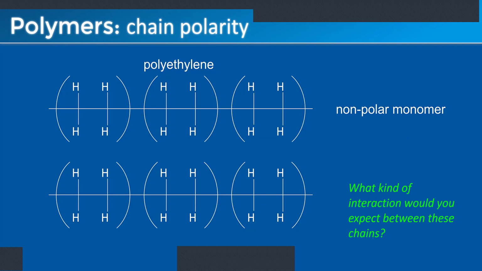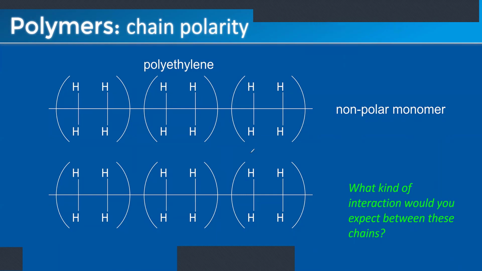So we've got 2 molecules of polyethylene here. What kind of interaction or bond would you expect to see between these chains, if any? Wouldn't you just experience van der Waals forces between chains? Yeah, exactly. Thank you. So there's going to be secondary bonds between these 2 polymer chains. And there are no dipoles or anything here.